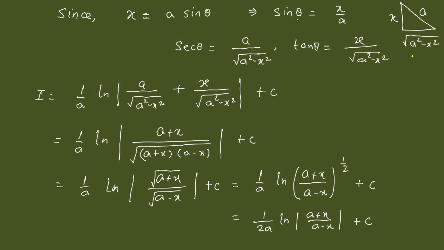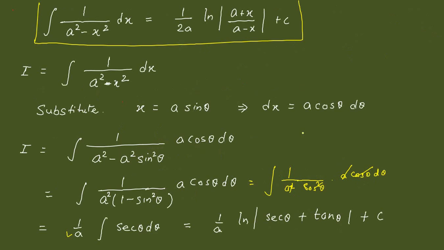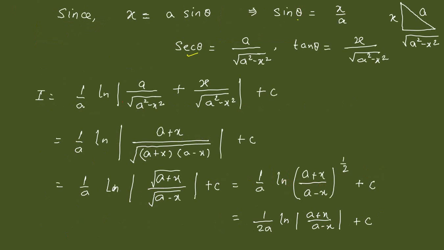So of course the base will be square root of a square minus x square. From there we can take sec theta as a over square root of a square minus x square, because it is hypotenuse by base, and tan theta as perpendicular by base. So in this result, we will substitute sec theta and tan theta in terms of x.